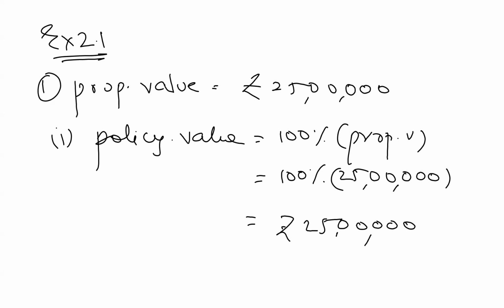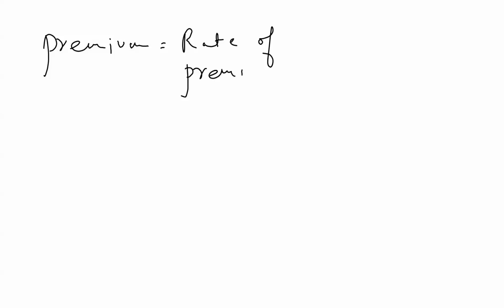Fine. Now we are supposed to calculate premium for the first part of the problem. So premium is equal to rate of premium into policy value. So the rate of premium is given in the problem as 3% into policy value, which is 25 lakhs.